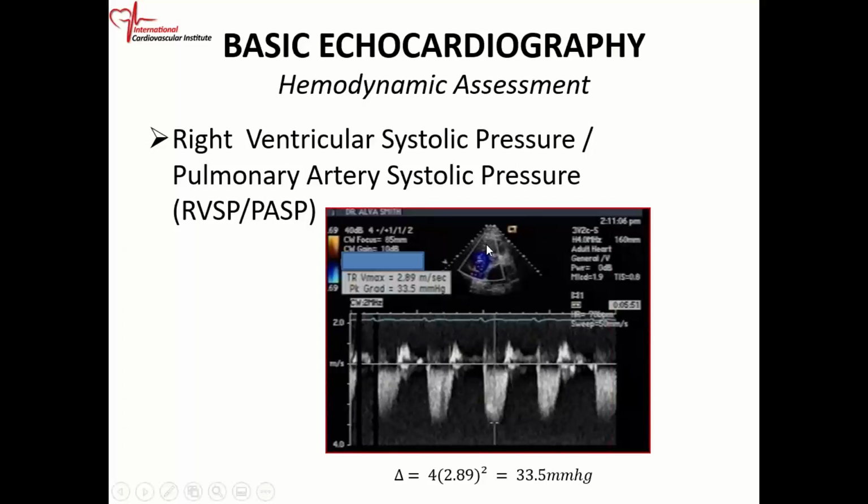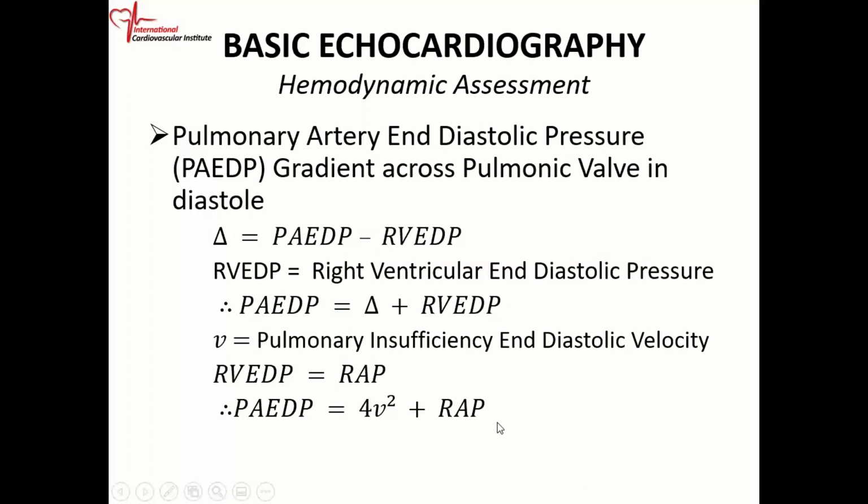The pressure in the RV has to exceed the pressure in the RA, causing the blood to flow in this direction. And the gradient, which is the pressure difference between the RV and the RA, is equal to 4V squared, and this is the velocity we're talking about.